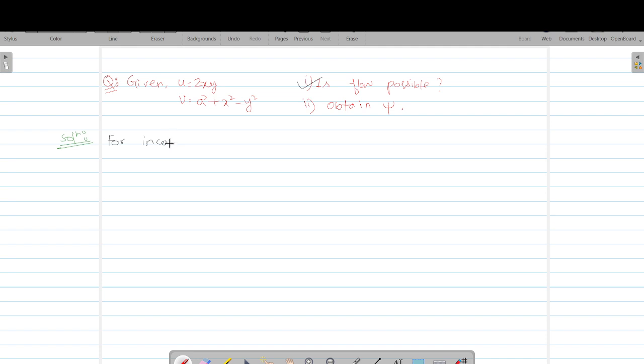For incompressible flow, du dx plus dv dy is equal to 0. This is the condition for possibility of flow.